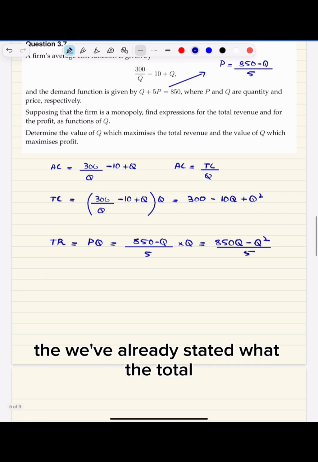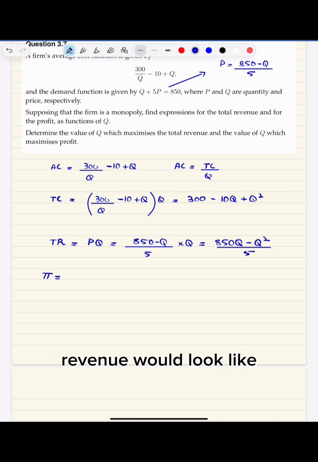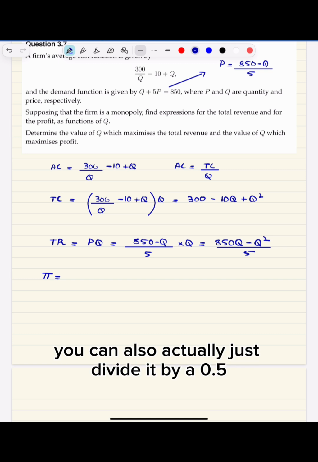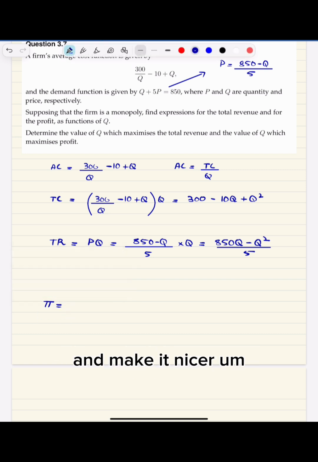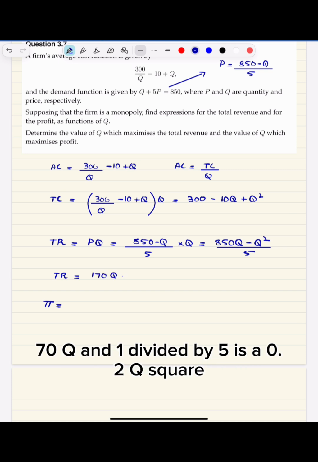Okay, we've already stated what the total revenue would look like. You can also actually just divide it by 5 and make it nicer. 850 divided by 5 is 170q, and 1 divided by 5 is 0.2q square.